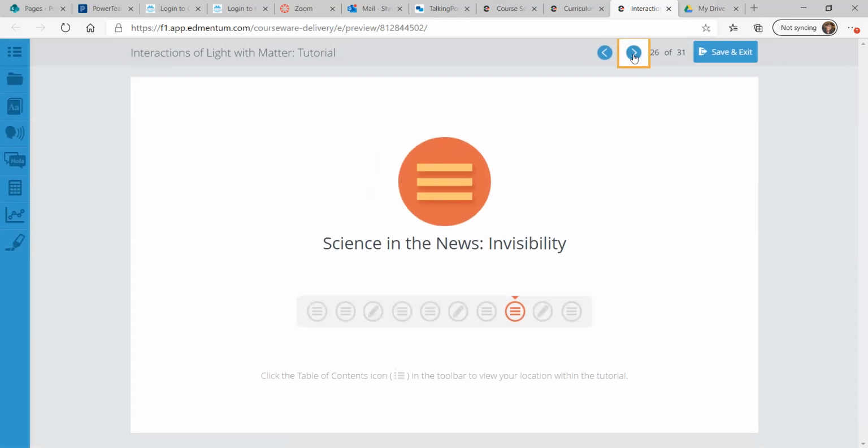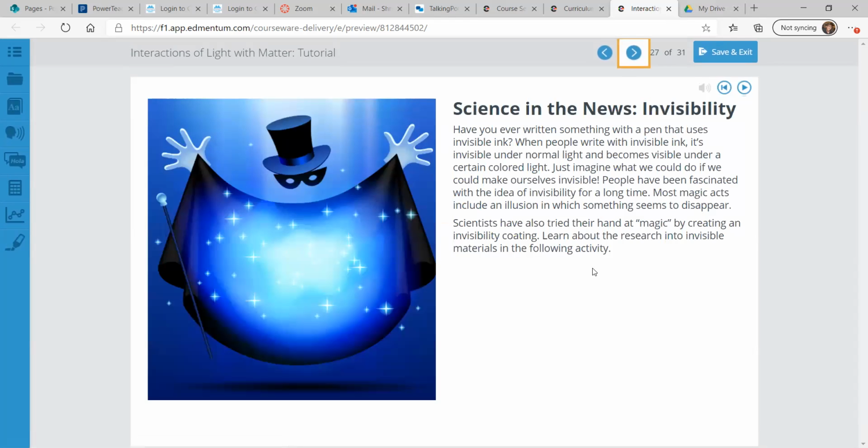Science in the news: invisibility. So, invisibility, we talk about it in movies, TV shows, Harry Potter, the invisibility cloak. But have you ever written something with a pen that uses invisible ink?